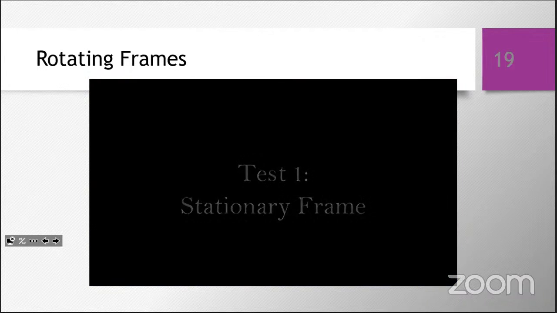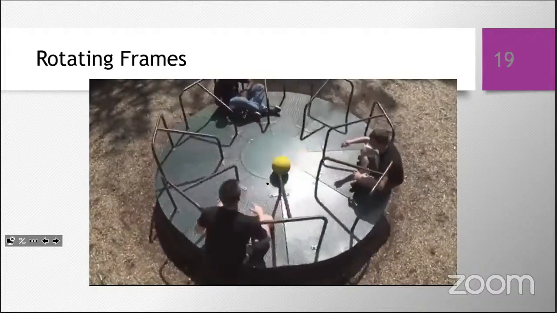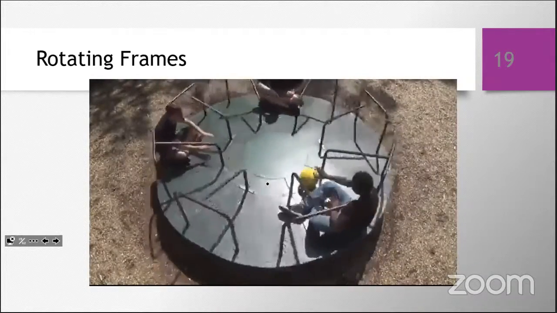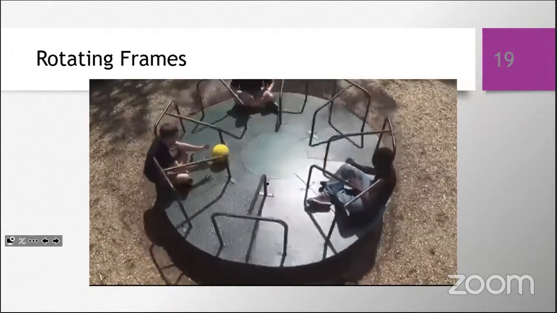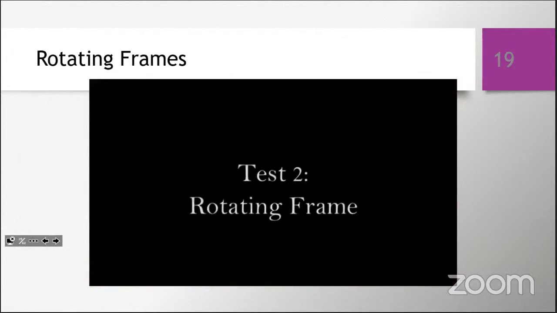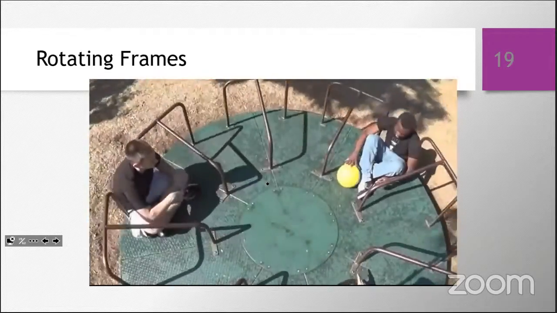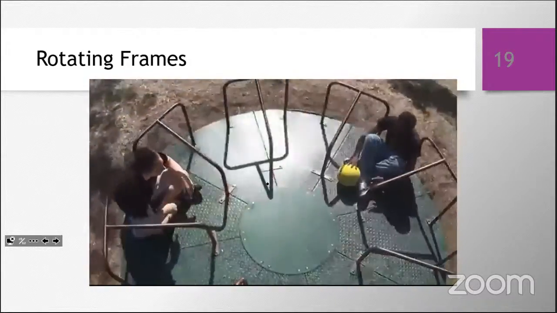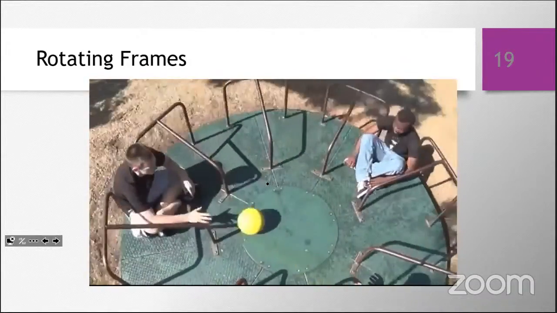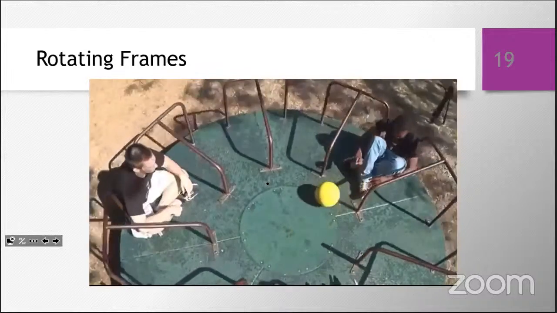In our first shot, the camera is attached to the ground in the stationary frame. Notice that the ball travels in straight lines. In our second shot, the camera is attached to the merry-go-round, rotating. Notice that the ball curves to the left on every pass.